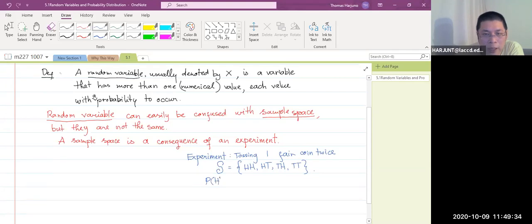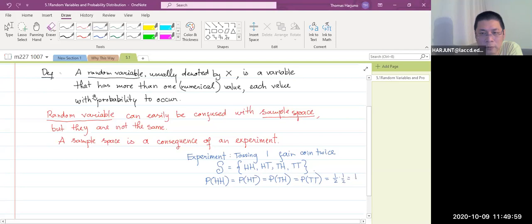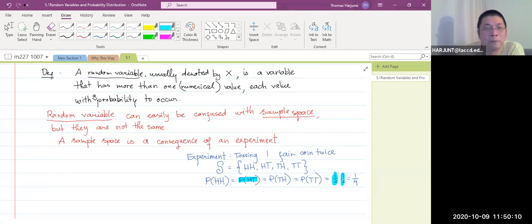Probability of head, head equals probability of head, tail equals probability of tail, head equals probability of tail, tail, because the probability for the first one to be head is 1/2, and the probability that the second one is head is also 1/2. Now that's the sample space.